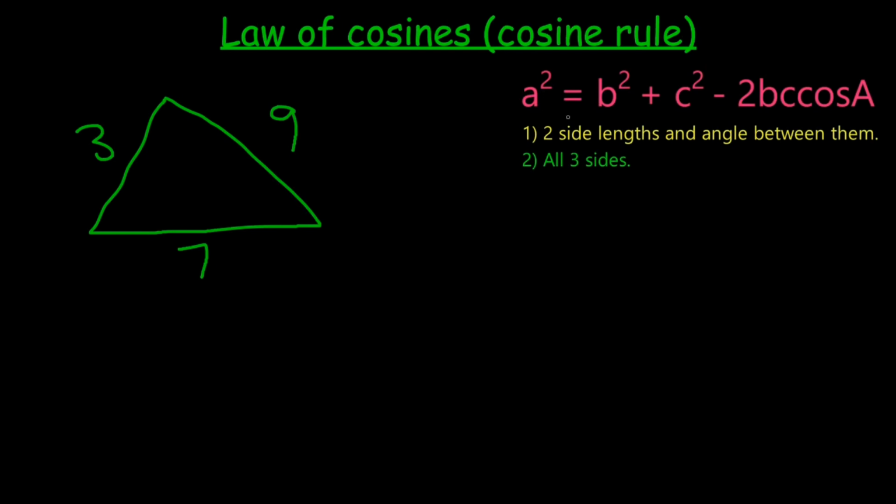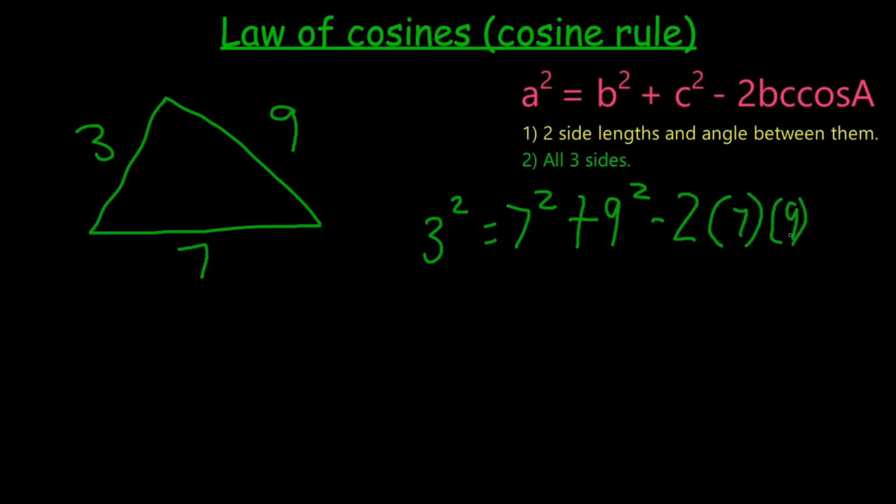So substituting the values into the cosine rule, we have 3 squared is equal to 7 squared plus 9 squared minus 2 multiplied by 7 multiplied by 9 multiplied by the cosine of angle A. Now notice angle A must be here because it is opposite side a. Side a, angle A.